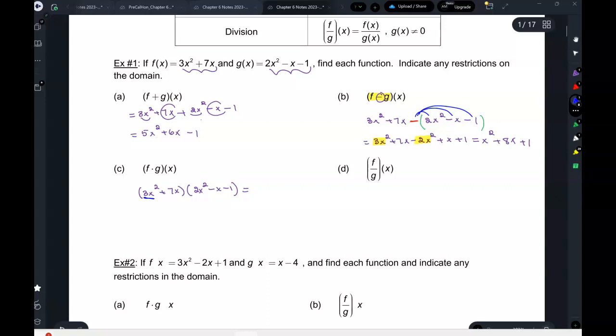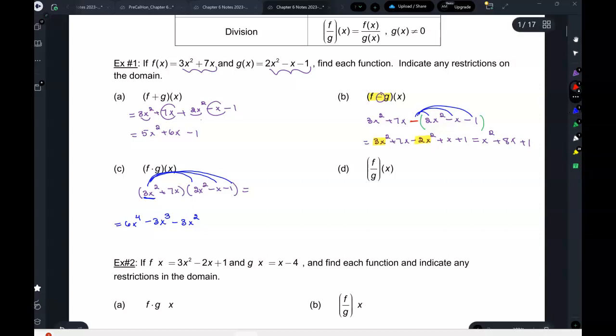I'm going to take this and I'm going to distribute it to each of these terms here. So 3x squared times 2x squared, what does that give me? 6x to the 4, fabulous. Plus, 3x squared times negative x is minus 3x cubed. 3x squared times minus 1 is minus 3x squared. Are we good with that?